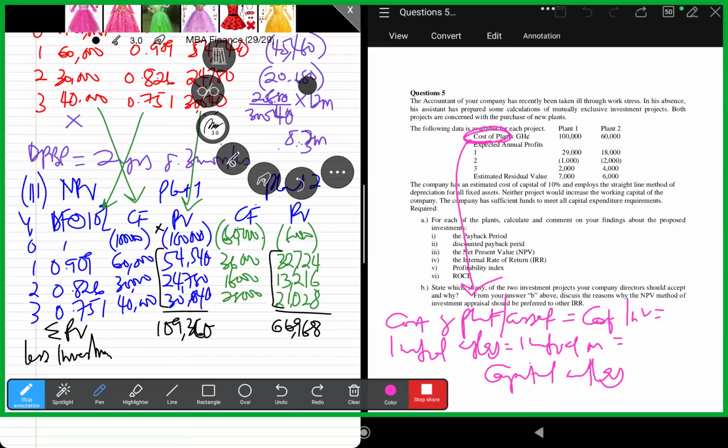These are the variant forms of writing the cost of plant. So when you see a different name, you don't conclude that you don't know. You know, it's just that the names have changed. Cost of plant is the same as cost of investment, initial outlay, initial investment, and capital outlay.